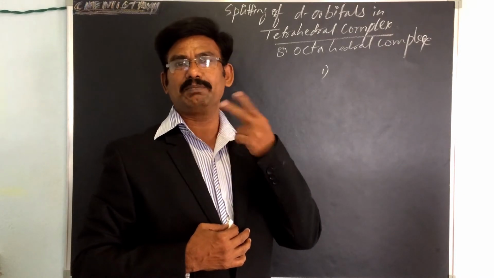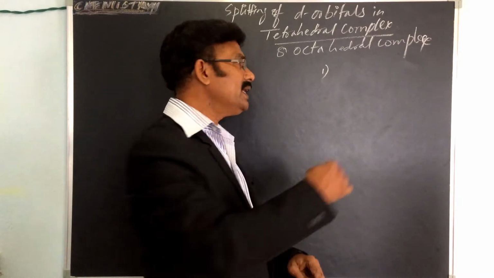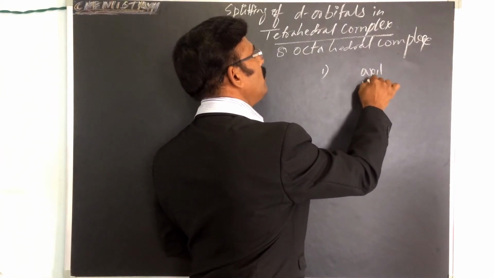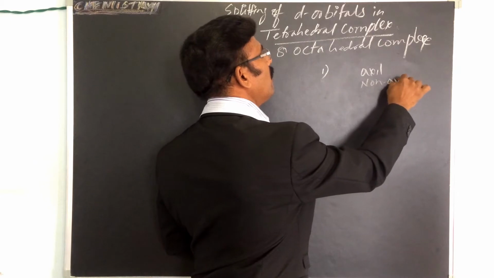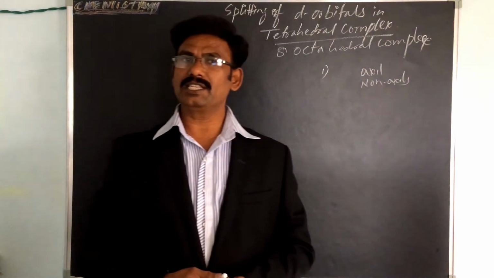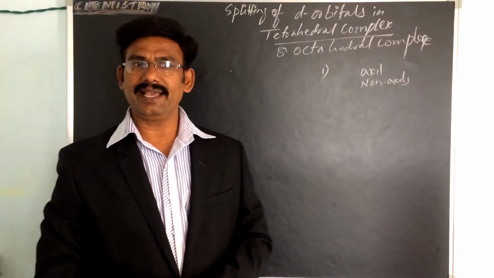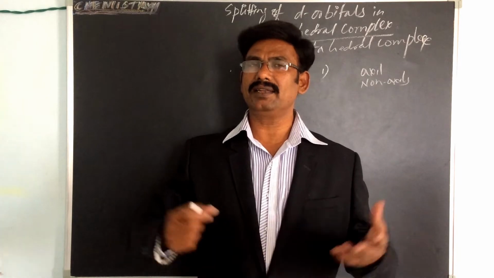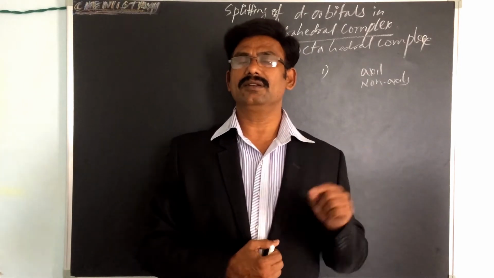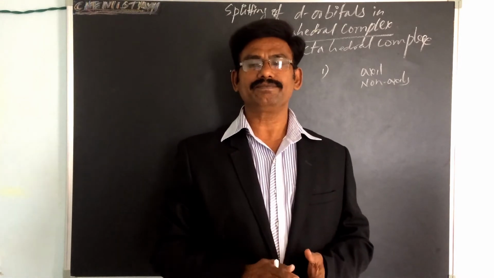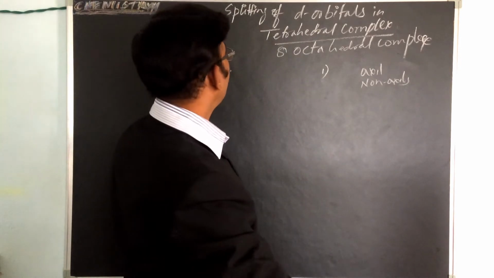So two sets of splitting, axial and non-axial orbitals. We have seen yesterday the lobes: dxy, dyz, dzx, dx square minus y square, dz square. Those orbitals we described yesterday.